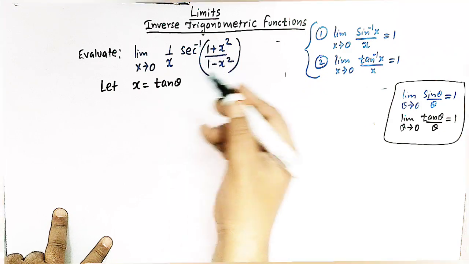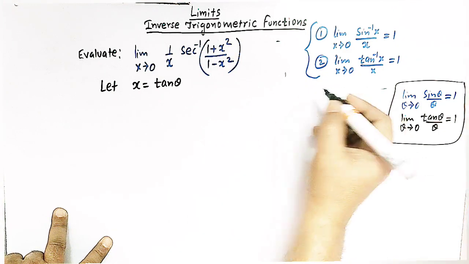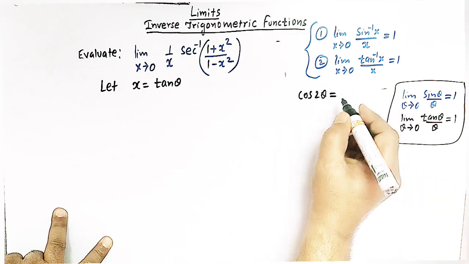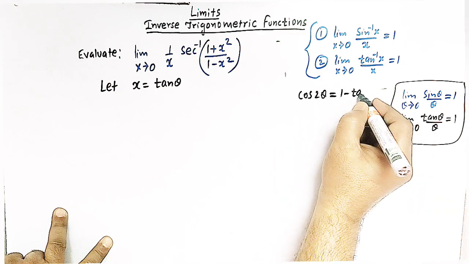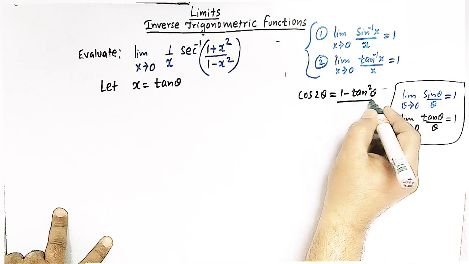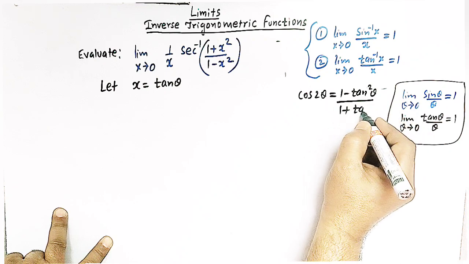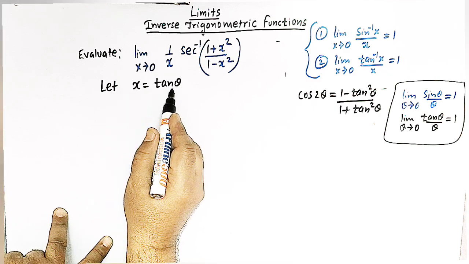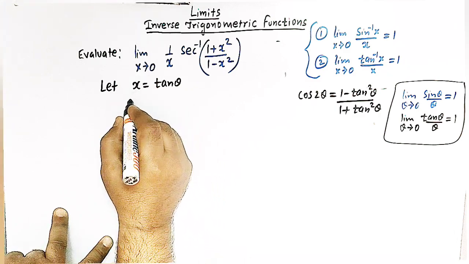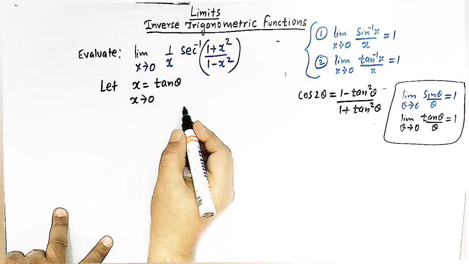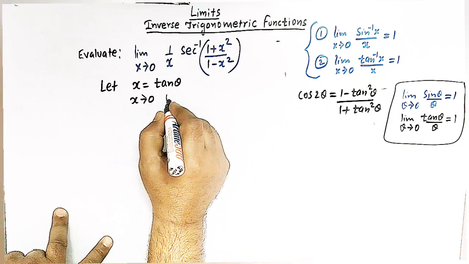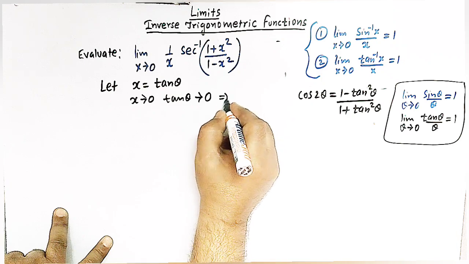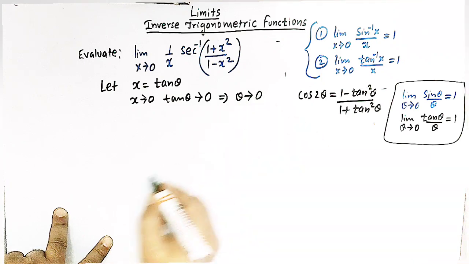Because here we are going to make use of this identity, that is cosine 2 theta is given by 1 minus tan square theta divided by 1 plus tan square theta. So here making this substitution, we have now x tending to 0. So when x tends to 0, tan theta tends to 0, and this implies that theta tending to 0.